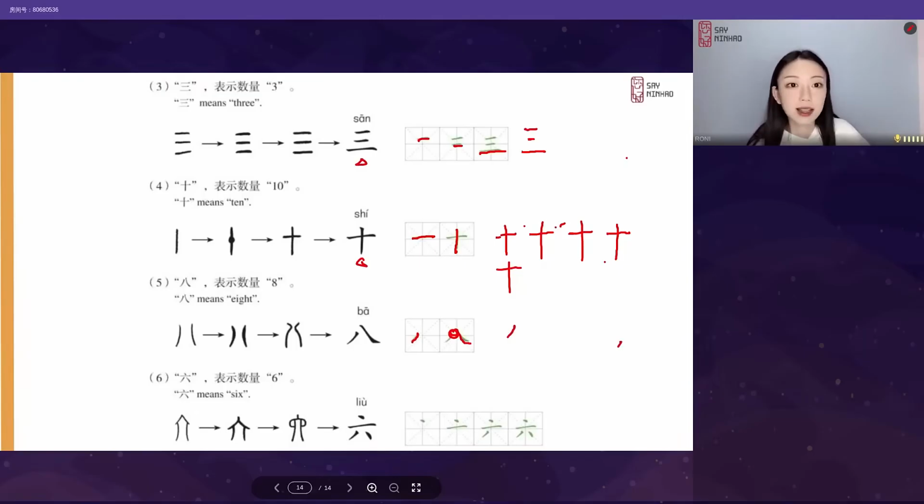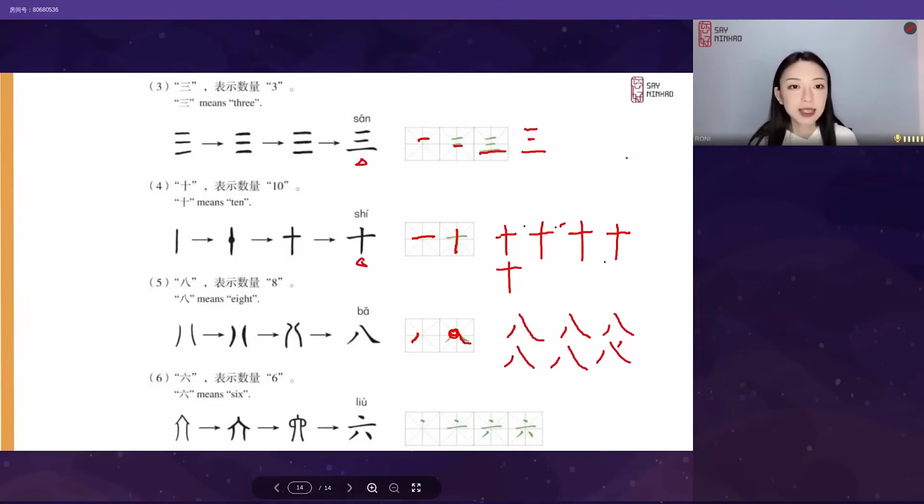First a short left falling, and then a longer right falling. This is 八. 撇捺. Left falling, right falling. Top to bottom, left to right. This is the direction.